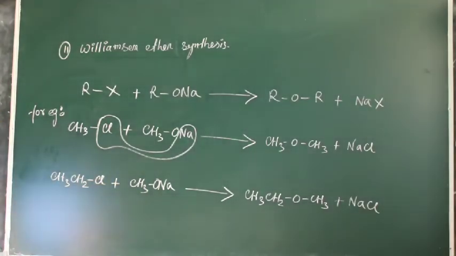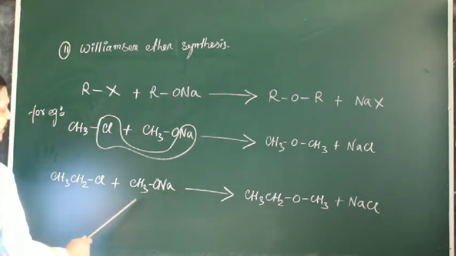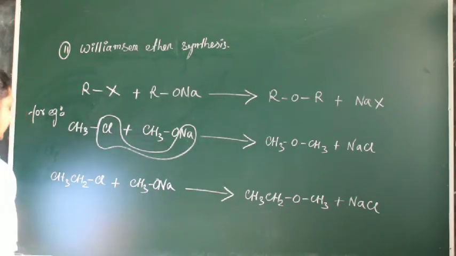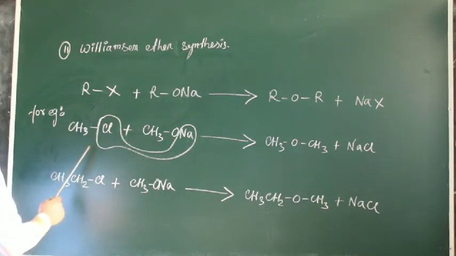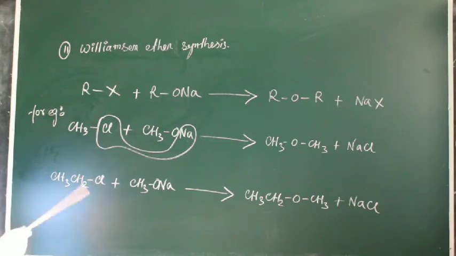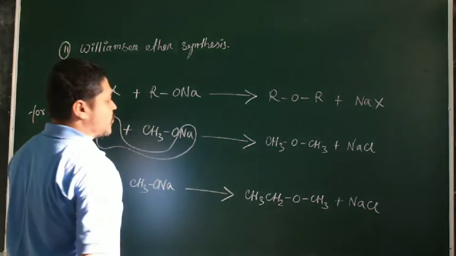And the next example, CH3CH2Cl, and CH3ONa, which is sodium methoxide. The important thing is that both symmetrical and unsymmetrical ethers can be prepared by Williamson ether synthesis.